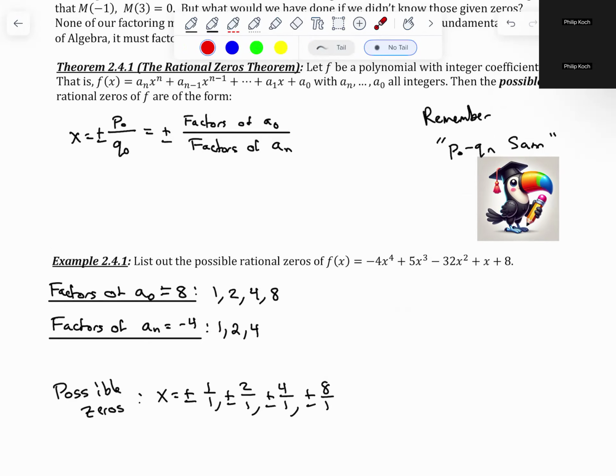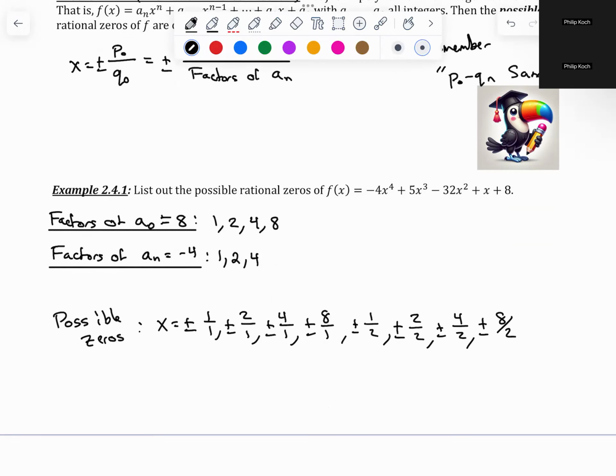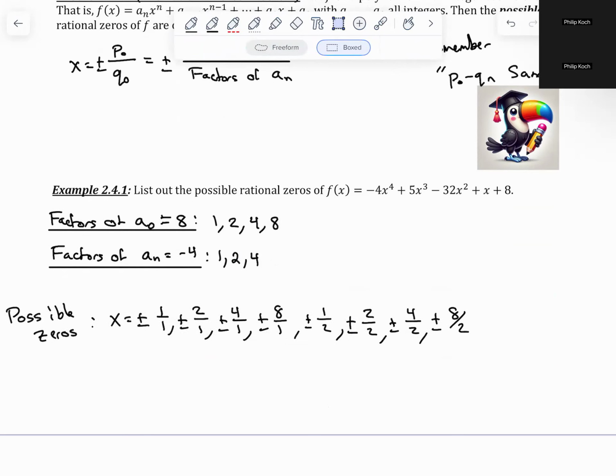Now we'll do the next set. We've gone through all the possible combinations where A sub n's possible factor is 1. Now we'll move on to 2. So we should get plus or minus 1/2, plus or minus 2 over 2, plus or minus 4 over 2, and plus or minus 8 over 2. I'm going to move this over a little bit. I ran out of space.